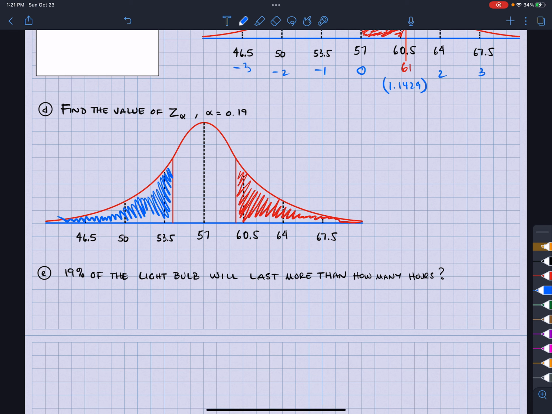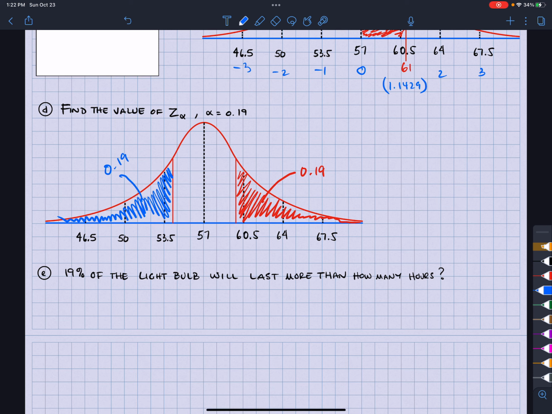Okay, so I've got to figure out which tail I want. Do I want the right tail or do I want the left tail? So that is going to be very important. In other words, this area here is 0.19. Well, this area here is also 0.19, right?